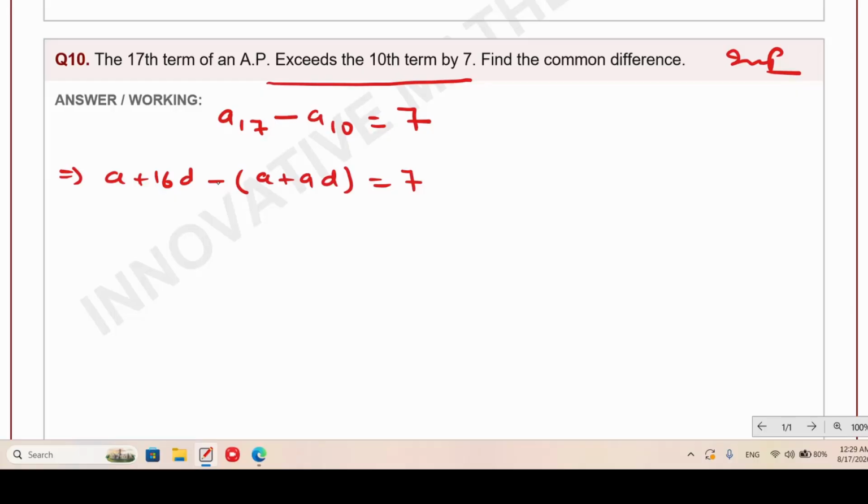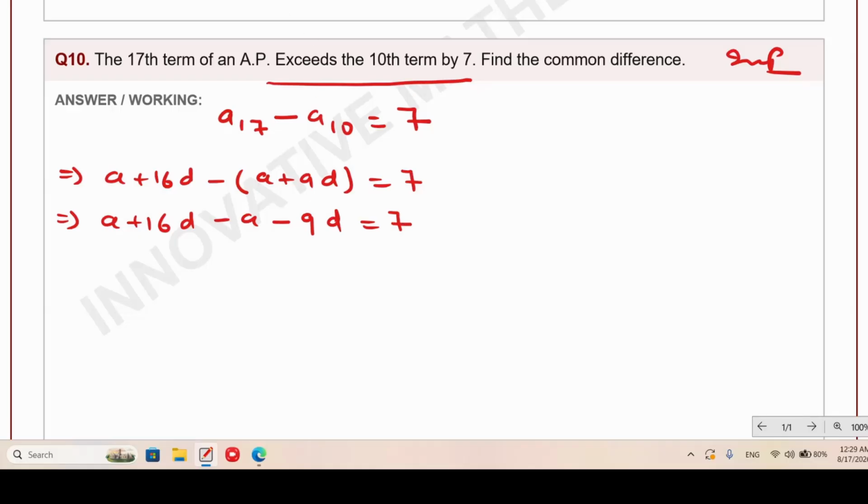Advay, I know you never put a bracket after a negative. So wherever there is a negative, start a bracket after it. So this one is A plus 16D minus A minus 9D is equal to 7.